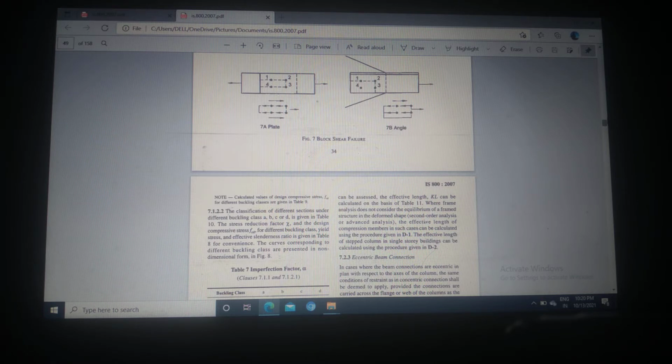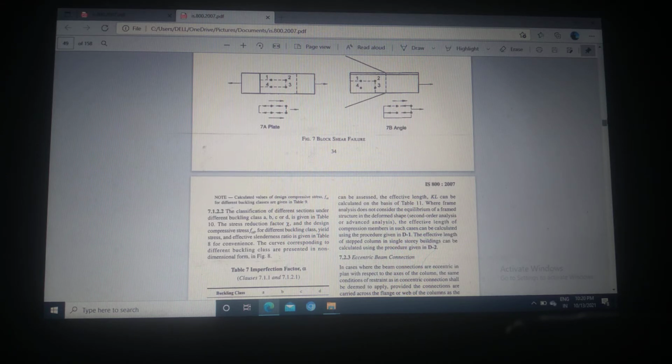These dash lines are the torn out planes, the failure planes, showing how tearing will happen. They will tear out from each other due to block shear failure, so they are important.